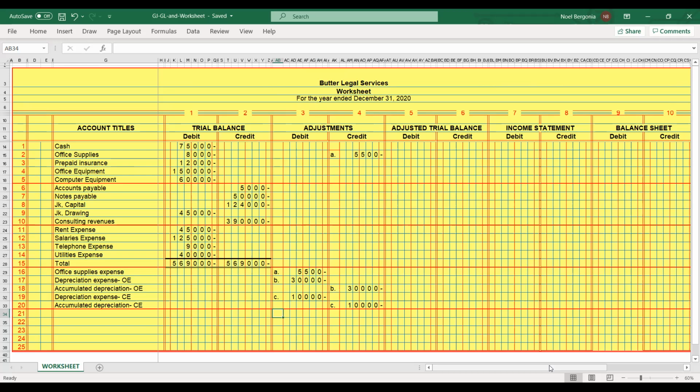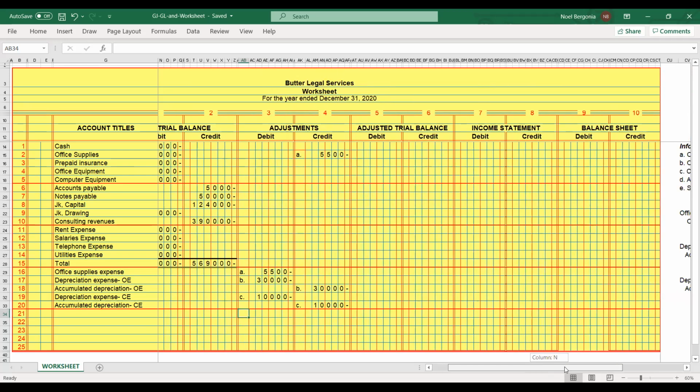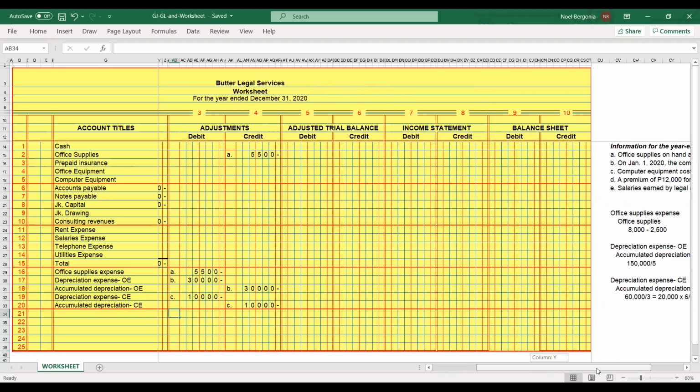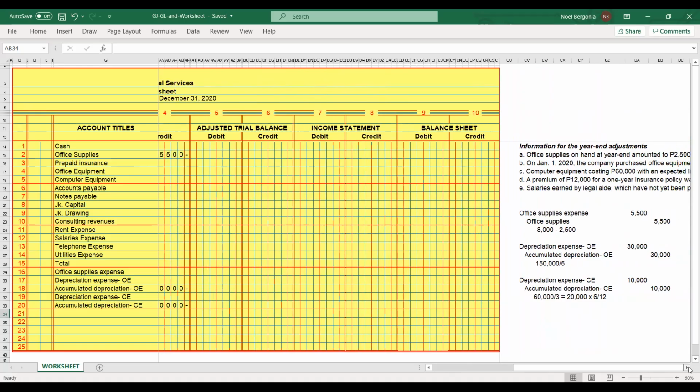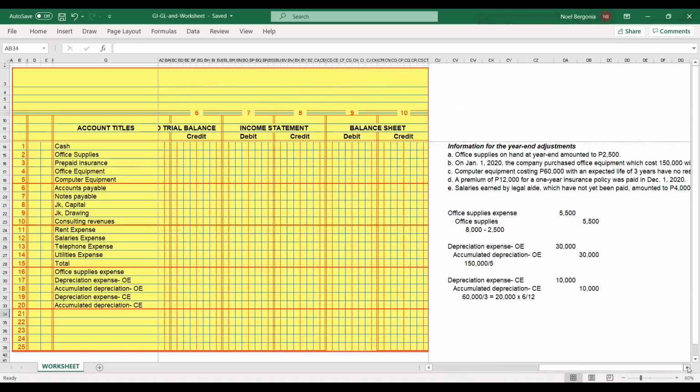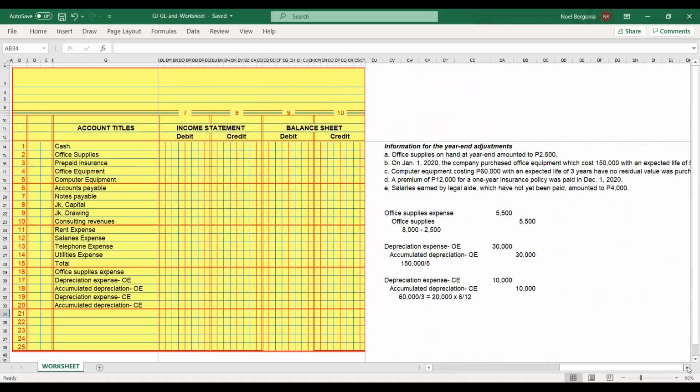Okay? So, ayan, we are more on faithful representation or accuracy. Tandaan niyo yan. We have discussed that in Module 1. Okay. So, going back with our data for adjustments.